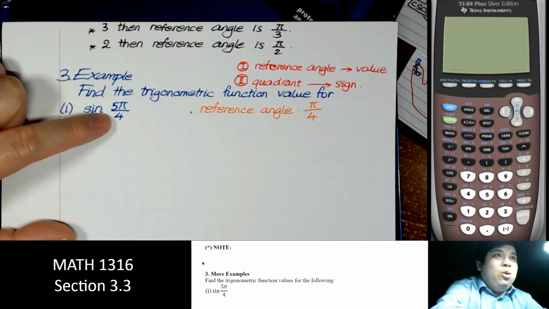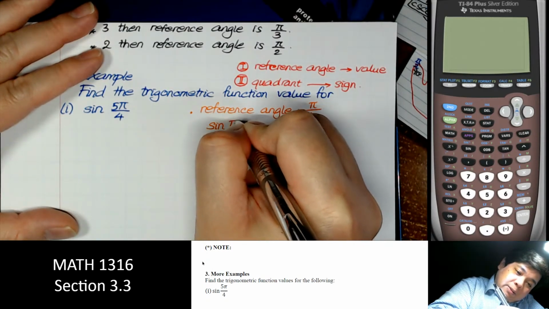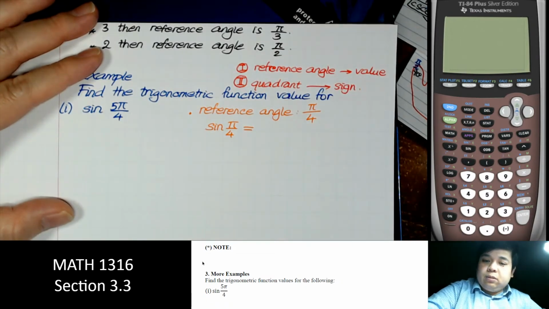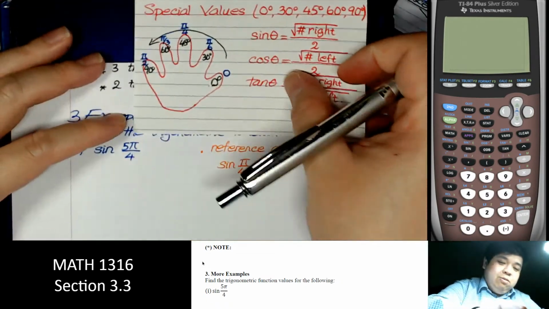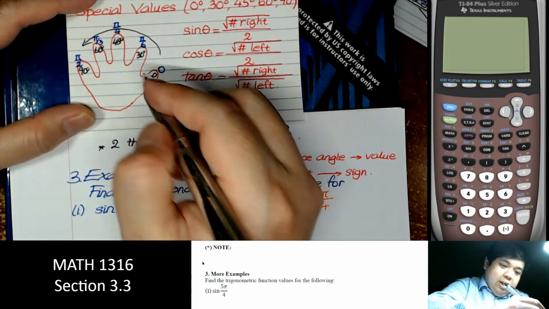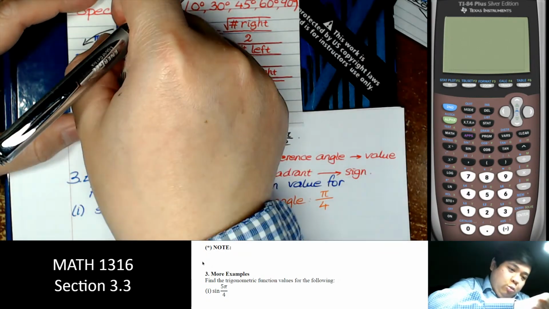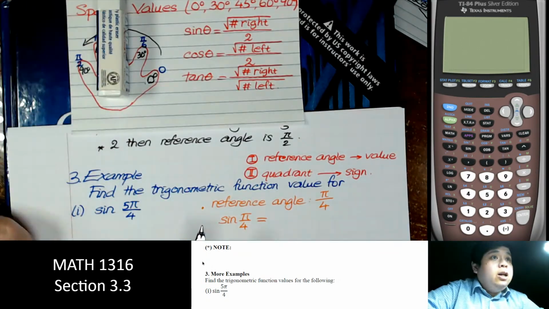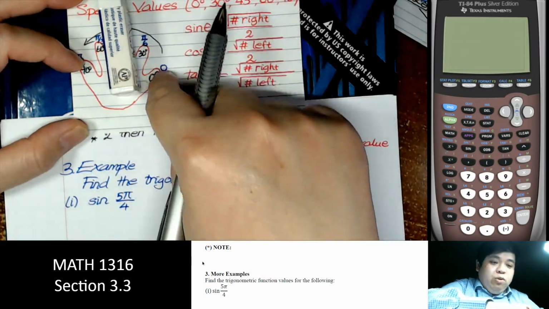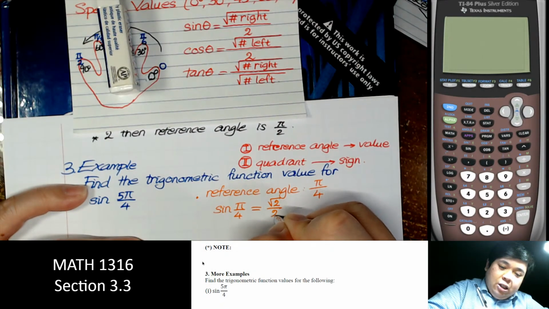It's as simple as that. Now what is sine of pi over 4? Back to this. 0, pi over 6, pi over 4, pi over 3, and pi over 2. So pi over 4. Sine is the number of fingers on the right, and there are 2 fingers on the right. Square root of 2 over 2. So that is the value.